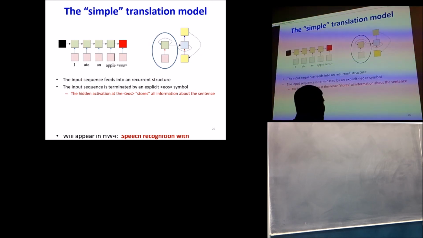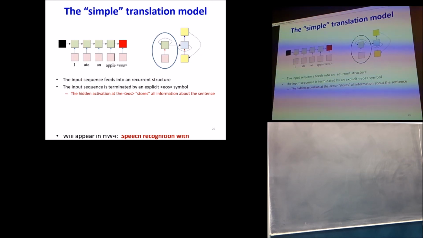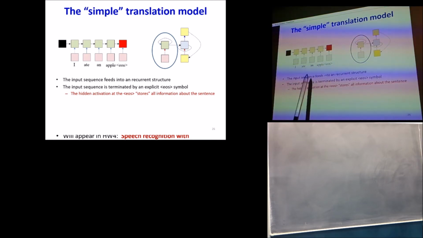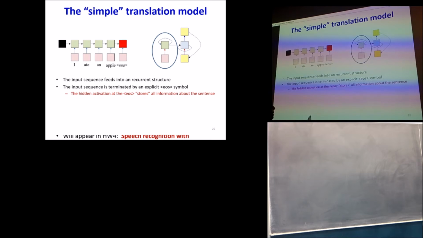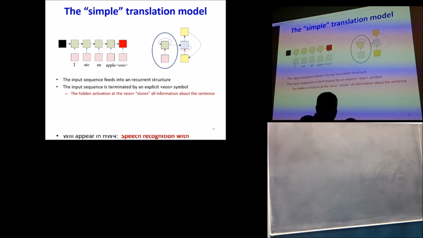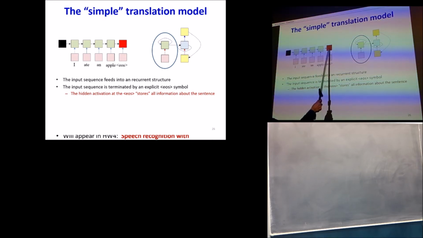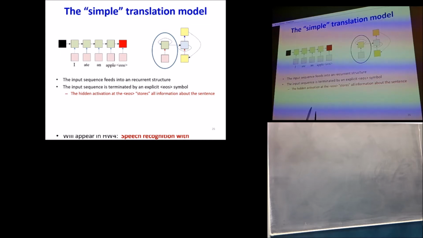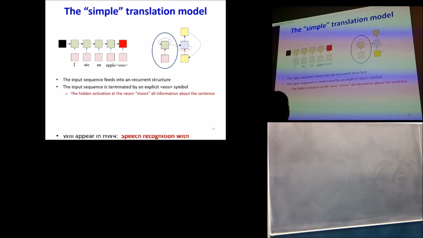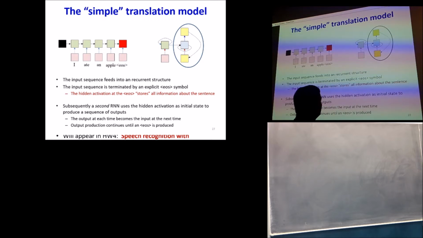So the entire computation goes as follows. The input sequence feeds into a recurrent structure, and the input sequence now must be terminated by an explicit end of sequence symbol to indicate that the input is completed. And now the hidden activation when this end of sequence symbol has been observed stores all the information about this entire input sequence, the entire sentence.